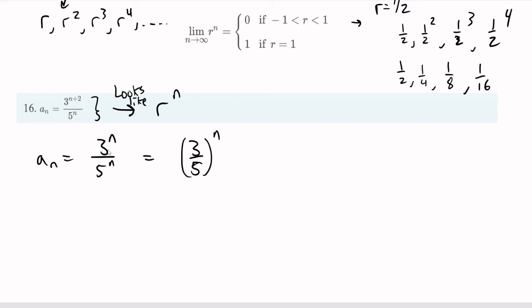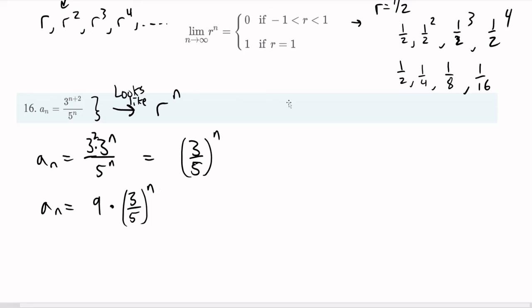So like I'd be super happy here, right? But this pesky plus 2, exponent rules again. I can take that out. How do I combine these? 2 plus n. So I can just go the other way. I can take this plus 2 and peel it out. So this sequence then ends up being 9 times 3 over 5 to the n.